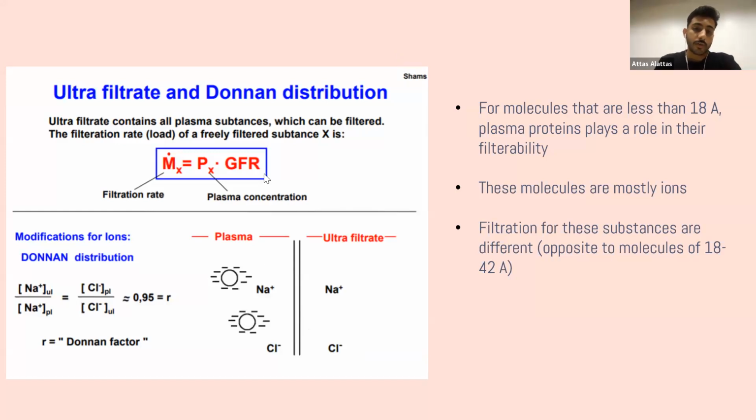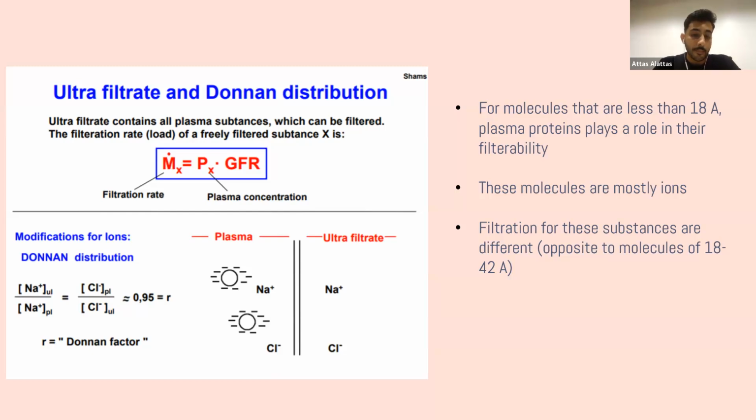Okay. So this is called Donnan distribution. Donnan distribution is when, for molecules that are less than 18 angstrom, the pore charge doesn't affect their filterability. However, the plasma proteins, because they're negatively charged, do affect their filterability.